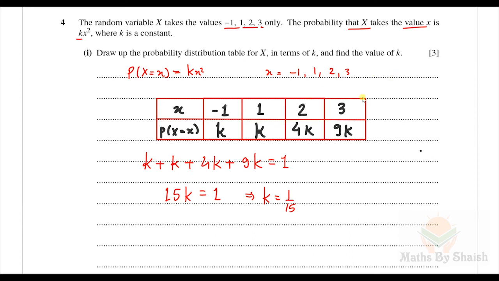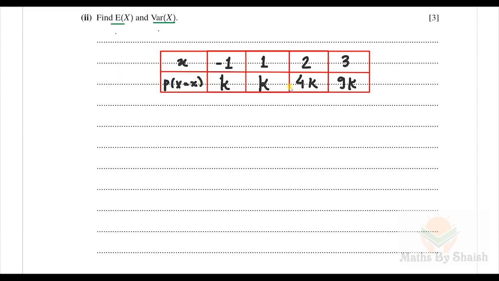Here's the second part. Find the expectation of X and the variance of X. So let me bring the table from the first part. The expectation of X is the summation of x into its corresponding probability.